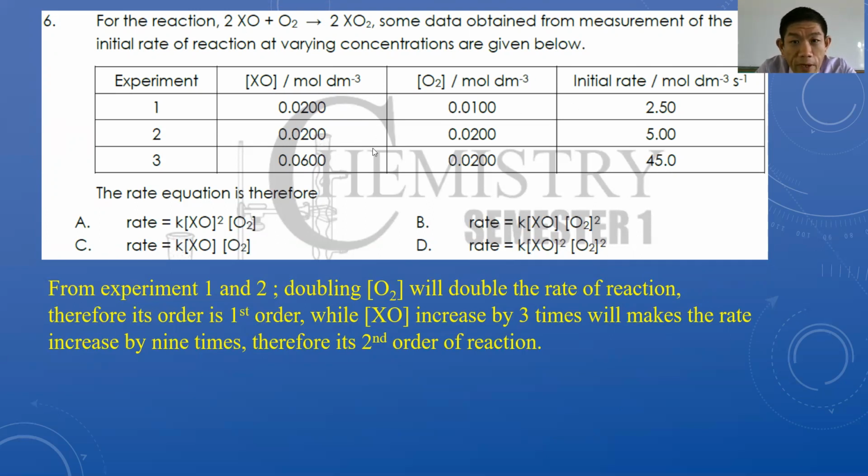Whereas compare experiment 2 and 3, if the concentration increased by 3 times, initial rate increased by 9 times. So in another word, the initial rate increased by 9 times when the concentration increased by 3 times, so that means that XO is the second order. Therefore XO is second order, O2 is first order. The best rate equation in here will be A.